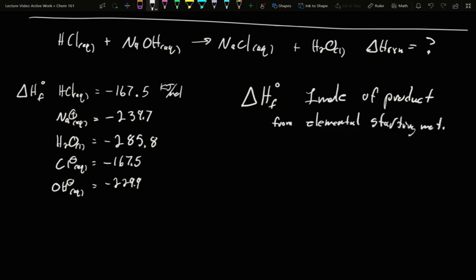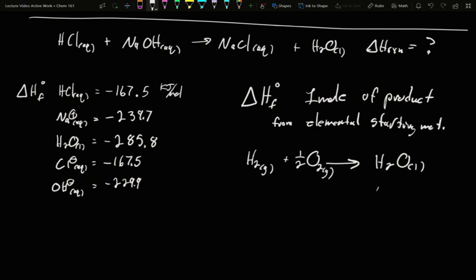What this means is if you have something like water as a product, well, to make specifically 1 mole of product molecule and nothing else, you make it from exactly the right amount of elemental starting materials, which would be, well, 1 mole of H2 will give me the 2 hydrogens, half a mole of dioxygen will give me the full mole of oxygen I need. This is how you would write the delta H of formation for liquid water.